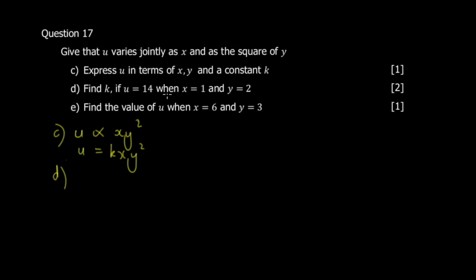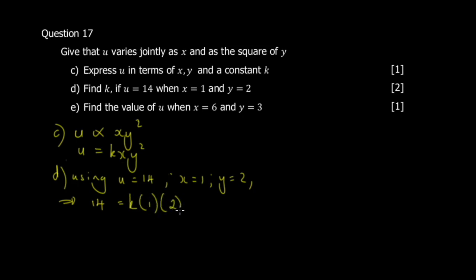So it says find k when there's a given. Using u equal to 410, x equal to 1, y equal to 2, this is what we get. U, which is 410, equals k, x, which is 1, y, which is 2, squared.